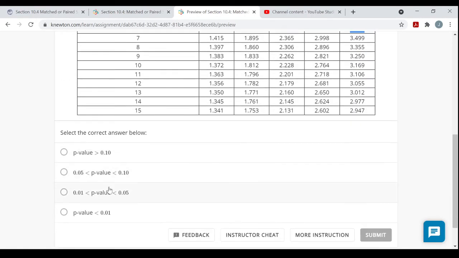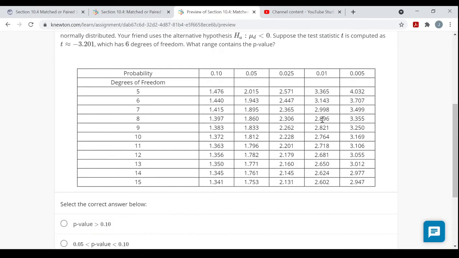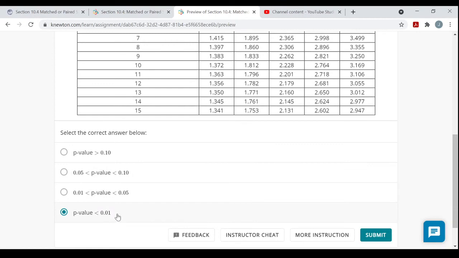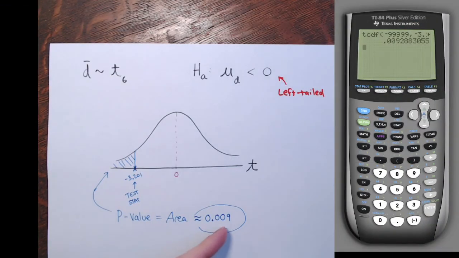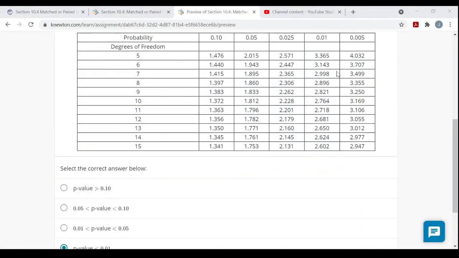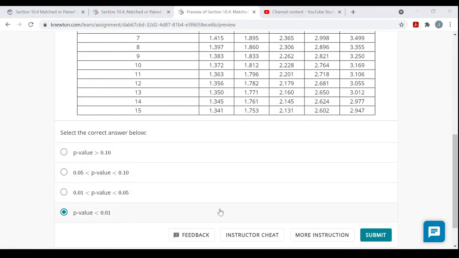And that is the only option that seems to actually make sense, that seems to fit. So the p-value would be less than 1%, which we saw on my paper. The p-value is 0.009. It's definitely less than 1%. So you could find it with the calculator if you want, or look at the table and still deduce this.